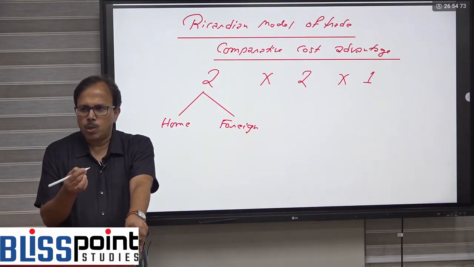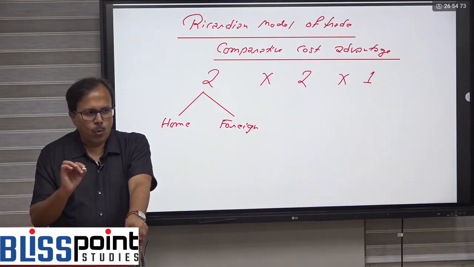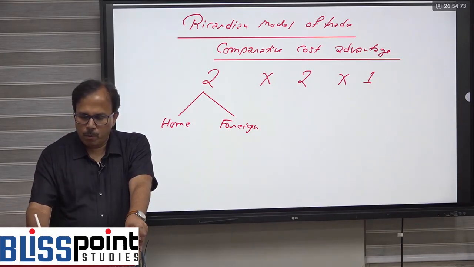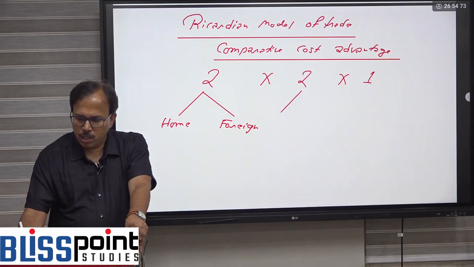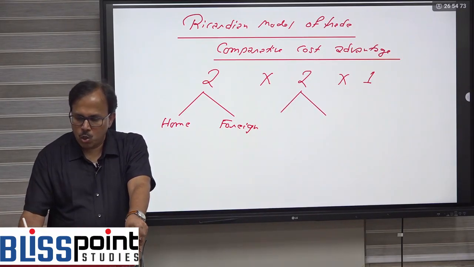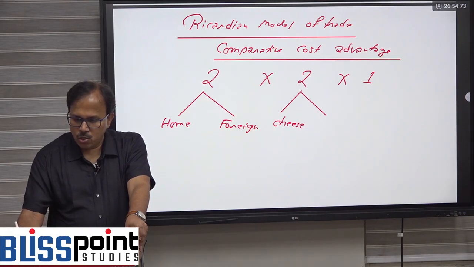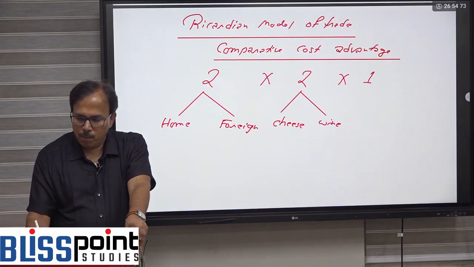If you are reading Salvatore, nation 1, nation 2 is written, and good 1, good 2. But it will always be better if you take a specific product. So home country and foreign country produce two products. Suppose it is cheese and wine. I am taking the same example so that if you are referring to the book, it will be easier for you.